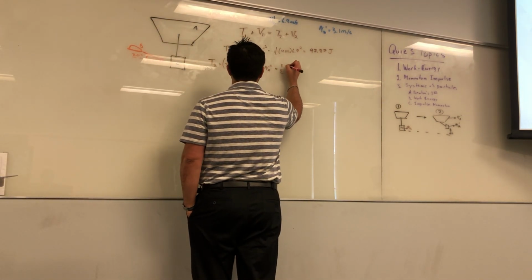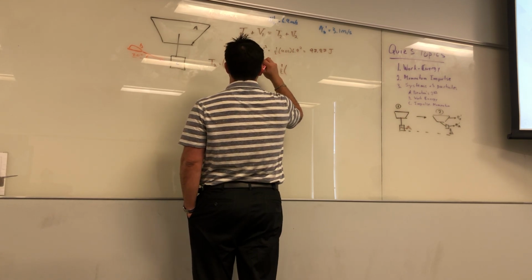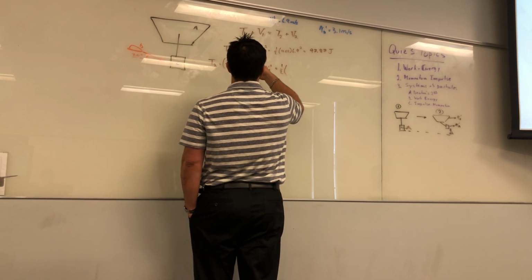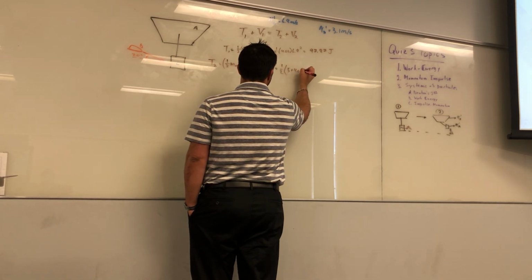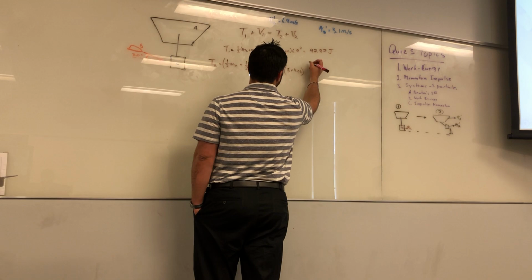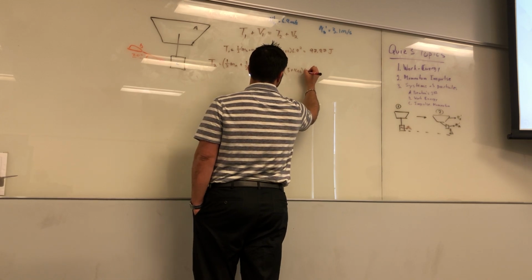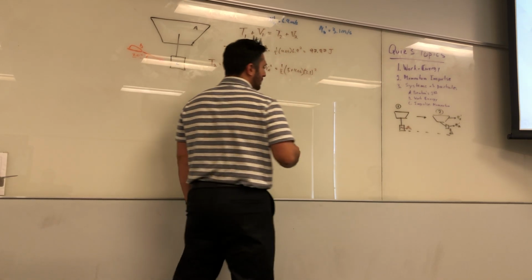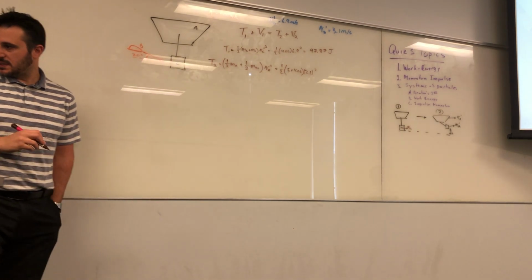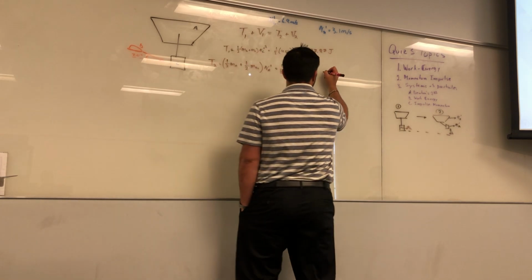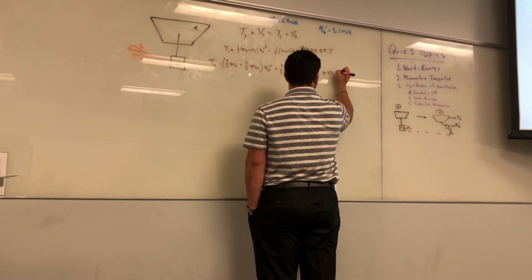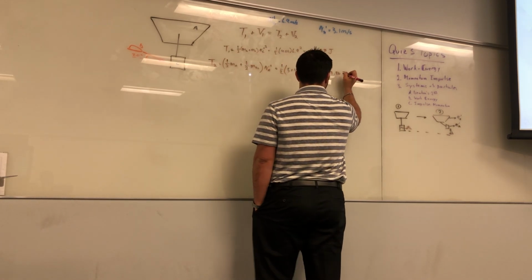This will be 1/2 of MA, which is 5 plus 4.06, times 3.1 squared, and that's going to give us 43.86 joules. Okay.